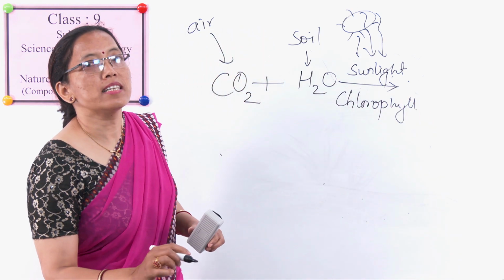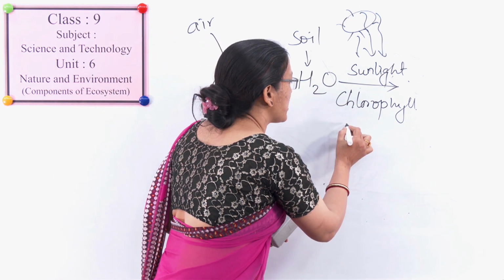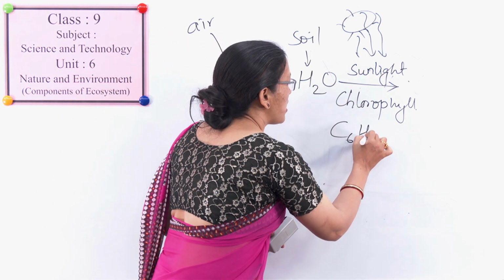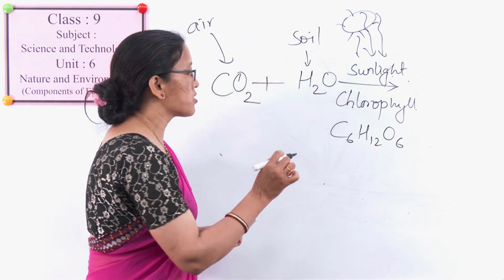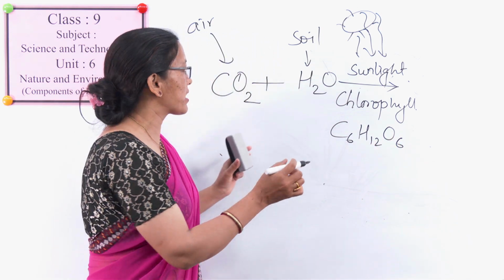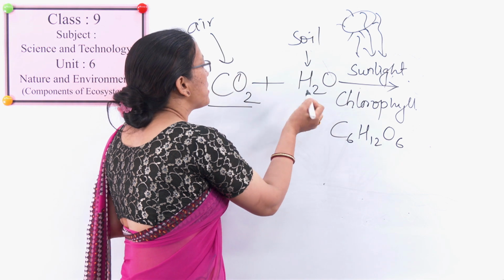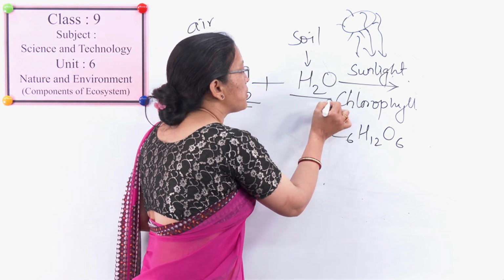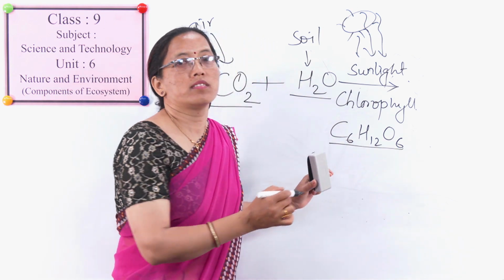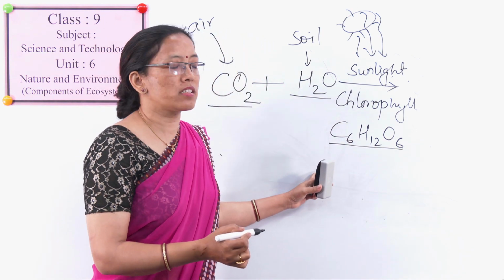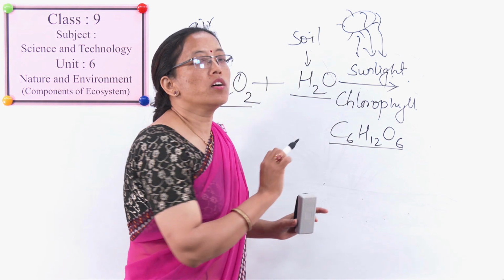They synthesize food. What is that? C6H12O6. You have already studied this reaction in class 8 also, that is the photosynthesis reaction. By using carbon dioxide and water, green plants synthesize glucose or carbohydrate. This process is called photosynthesis.